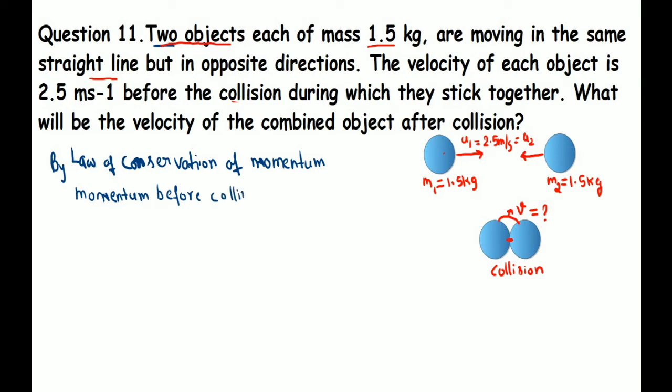Whatever the momentum was before the collision of two objects, they will have the same momentum after their collision. So we can write it in statement form too: momentum before collision is equal to momentum after collision.